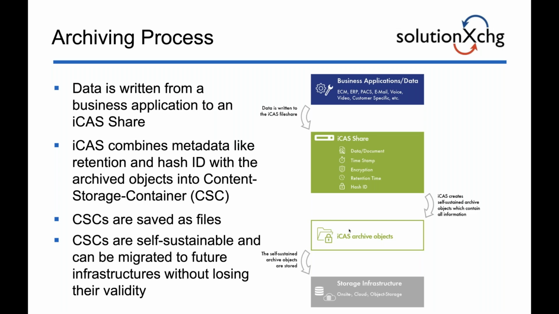These CSC containers are self-sustainable and can be migrated to future infrastructures easily. They can also be used to rebuild the whole archive again. All you would need to do is reinstall the software and then have a process go through these CSC containers. You can recreate the archive by just having the containers, so they can be backed up easily with your regular backup technology. You can have a backup in the cloud, depending on how you want to set up your environment.